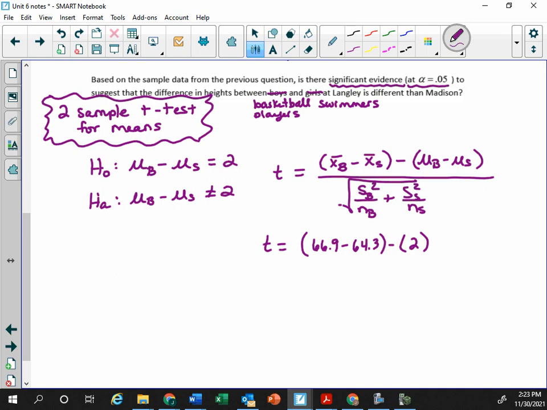Over the square root. So the s for basketball players was 3.08 squared, over that sample size was what, 55? Plus the 3.15 squared over 45.